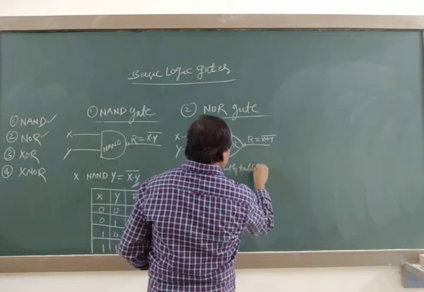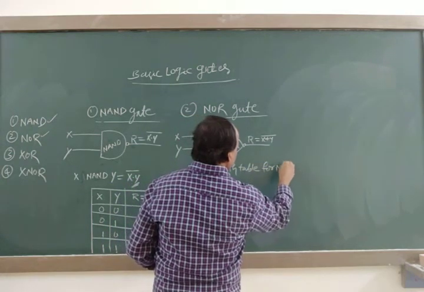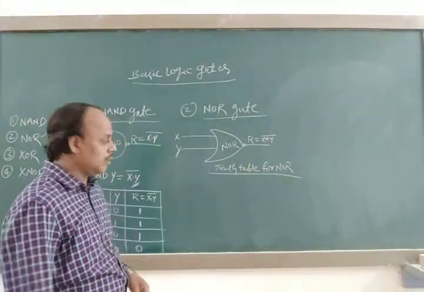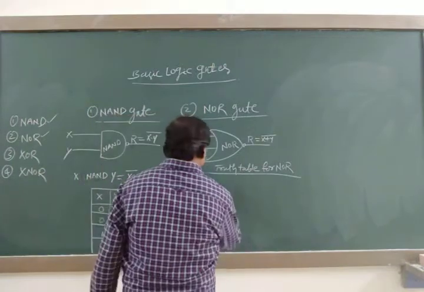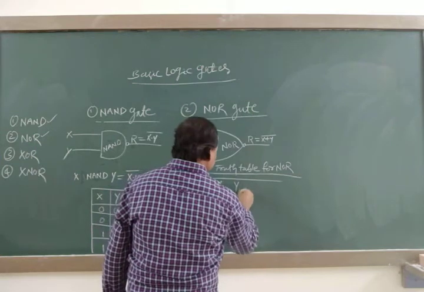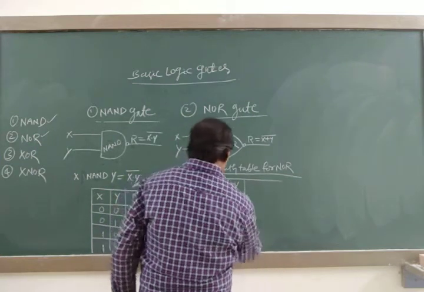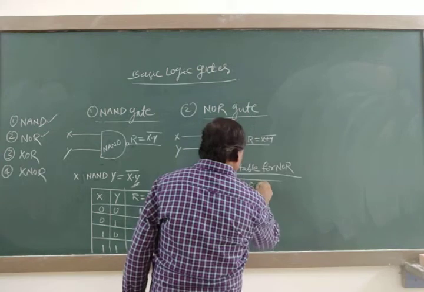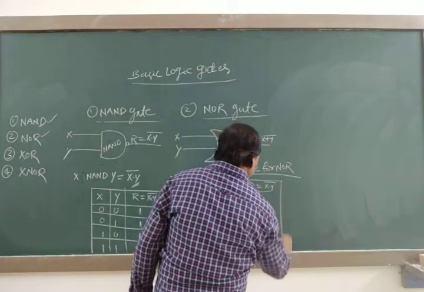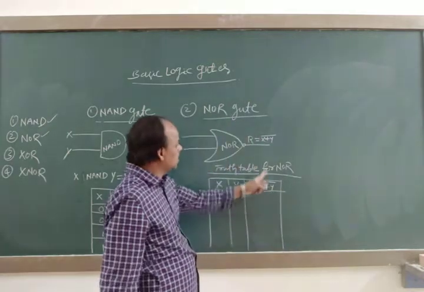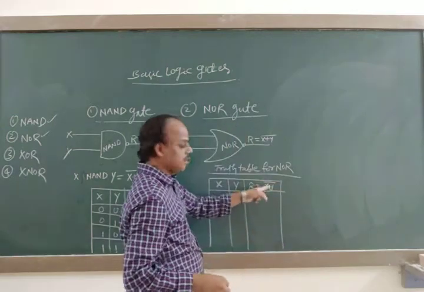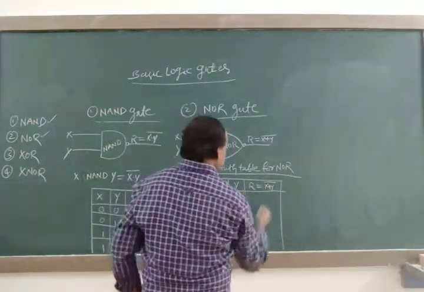Truth table for the NOR gate. X and Y are the inputs. The resultant expression is X plus Y whole bar.